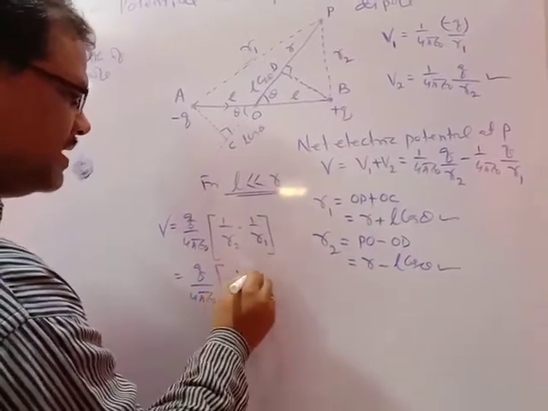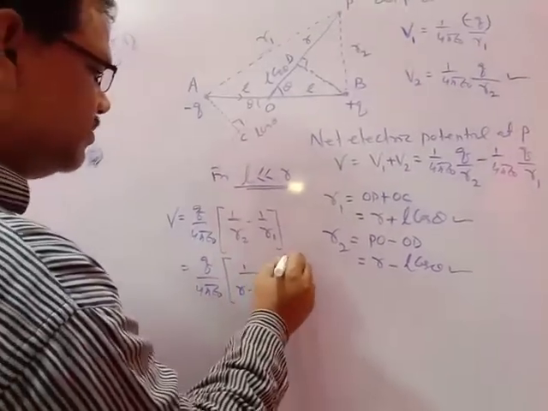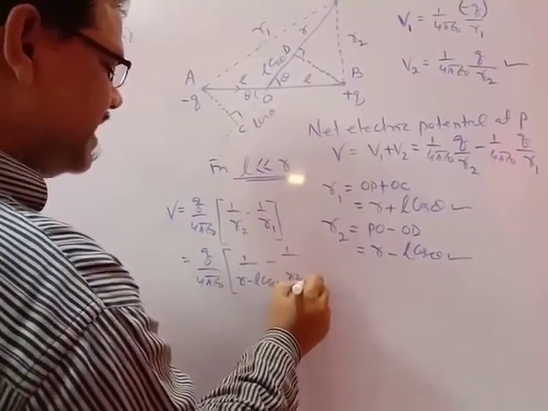That is 1 upon R2 equal to 1 upon (R minus L cos theta) minus 1 upon (R plus L cos theta).